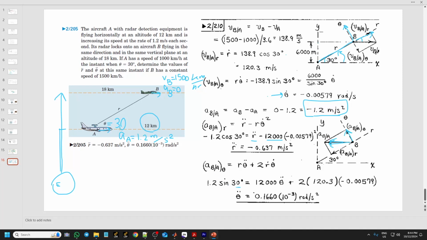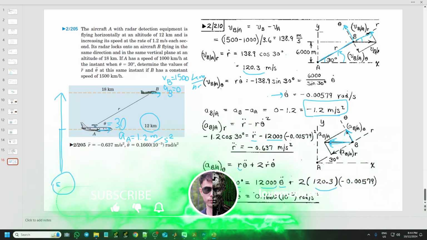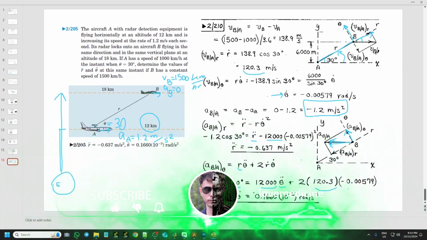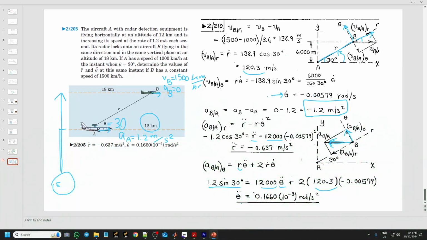And we obtain that. We have r again, which is 12 thousandths. We don't know how much is theta double dot. 2 r dot, again, we have already obtained it before, 120.3. And theta dot, again, we obtained it before, and we substitute and we obtain the theta double dot finally.